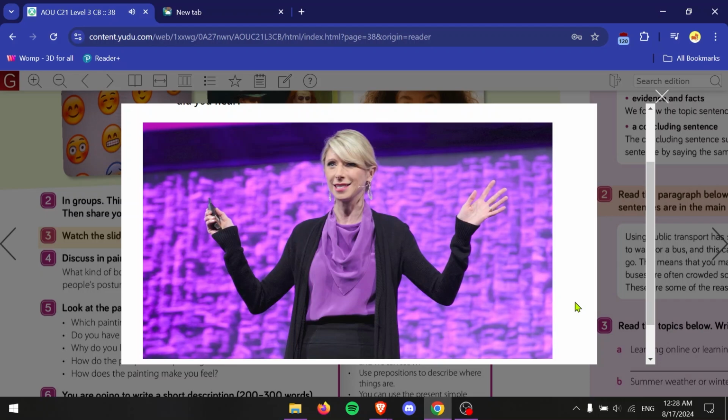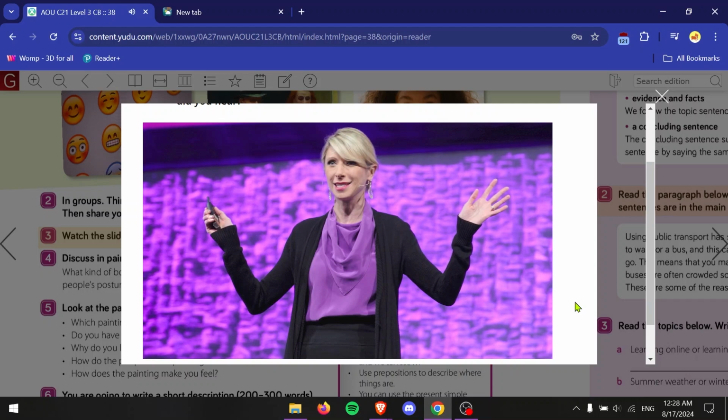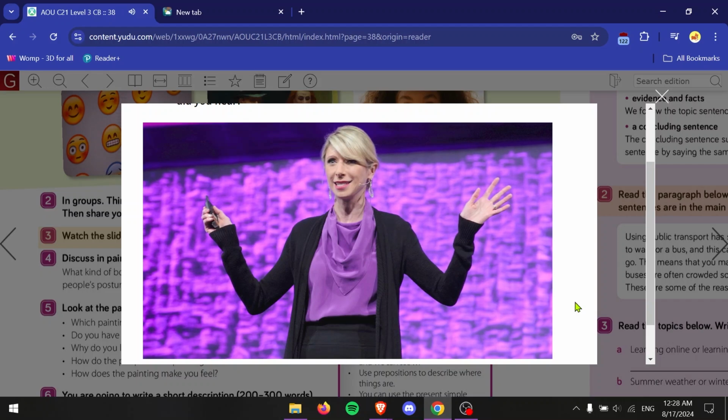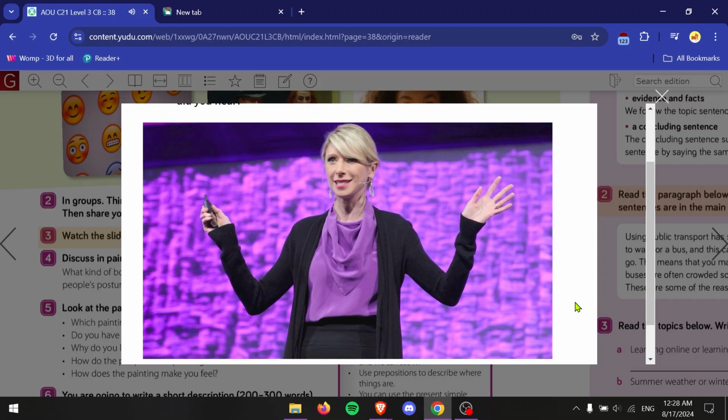Anyway, we can tell a lot about other people from their body language. But we can also use our own body language to our advantage. This is Amy Cuddy. She's a social scientist. Her theory is, our body language shapes who we are.